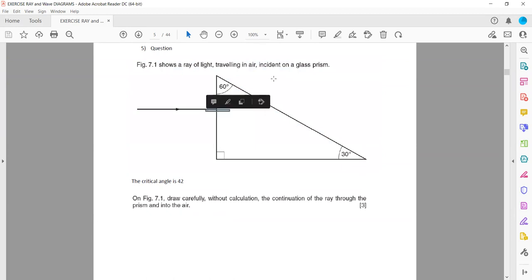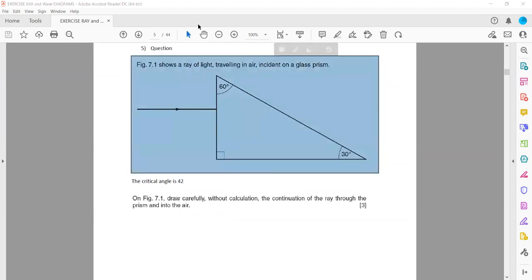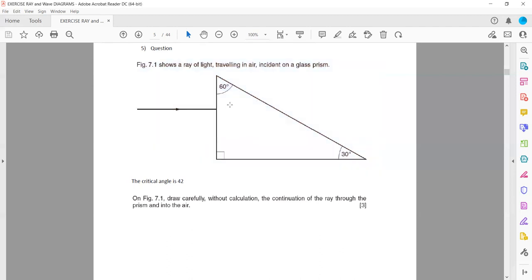If the ray is passing along the normal, it will pass straight. So when I draw this normal here, it is passing along the normal, so it should pass straight.